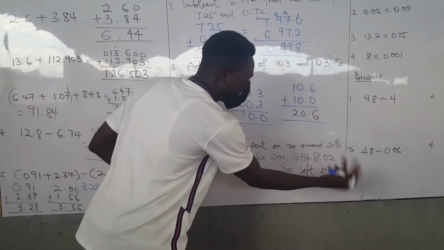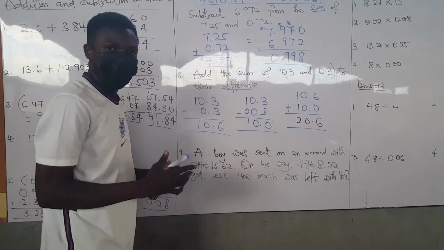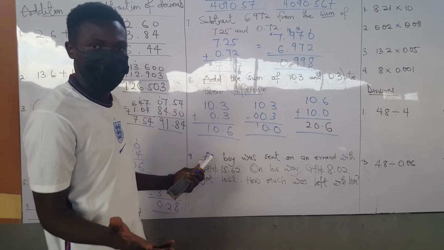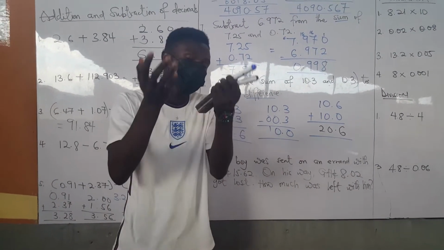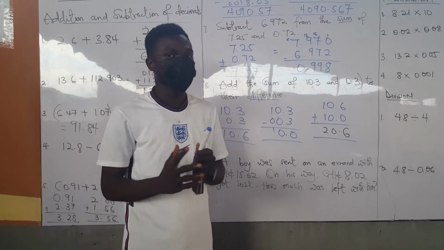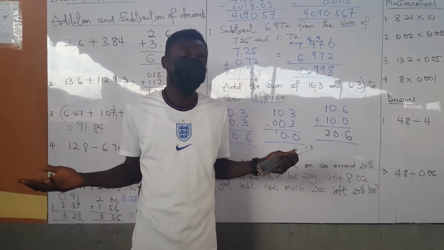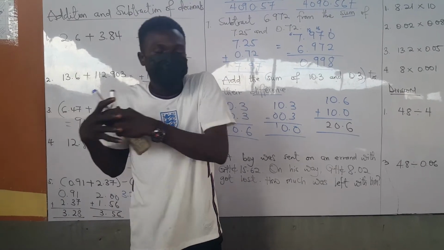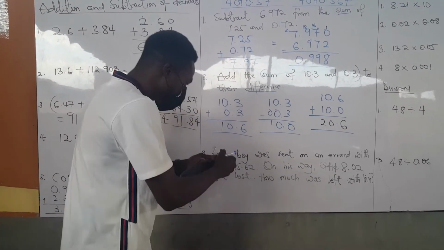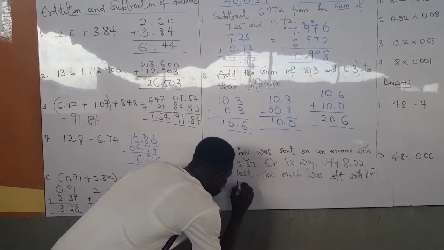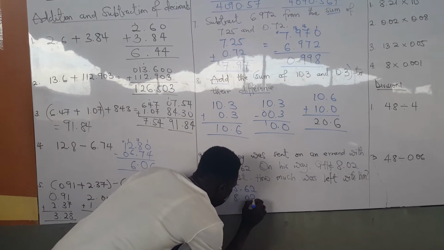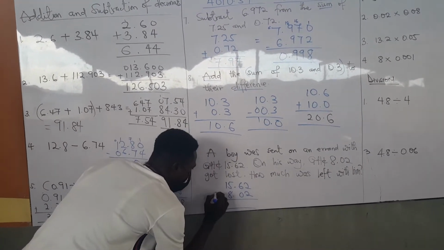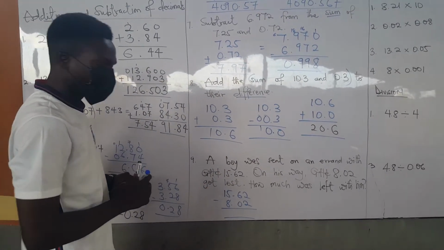How much was left? So when you look at the question, it is clear that we have to do subtraction. I gave you 15 cedis. 15 cedis that I gave you, 8 cedis got lost. How much do you have left? 8. How did you get the 8? By taking the 7 from the 15. So the same thing you are going to do here. You are going to take this number from the amount that the boy was holding. You have to do subtraction.